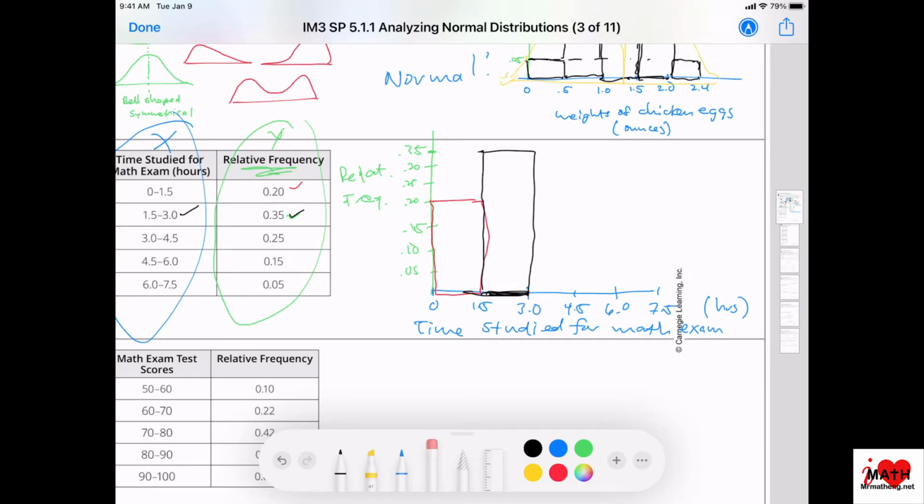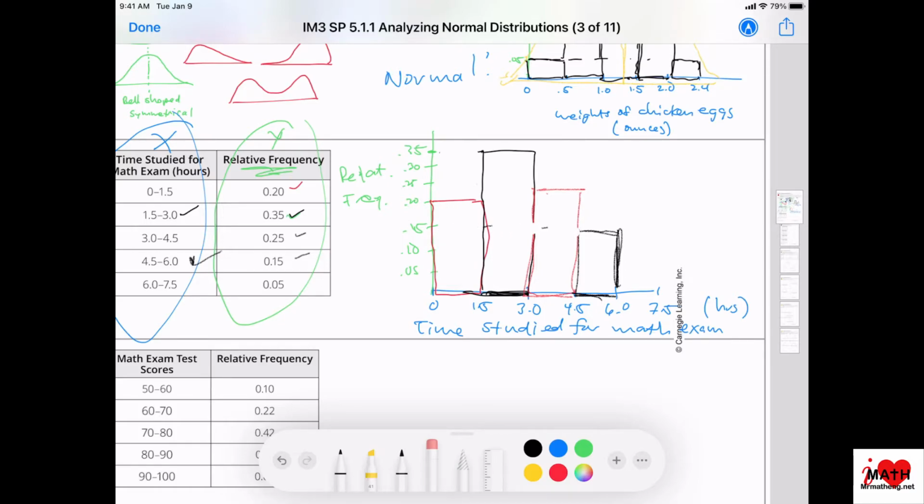And then 0.25. Erase those lines. And let's do 0.15. Again, this is the numbers between 4.5 and 6, as you can see over here. Trace the dotted lines.